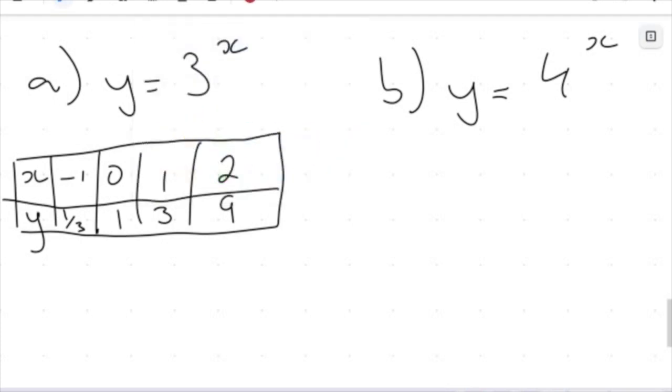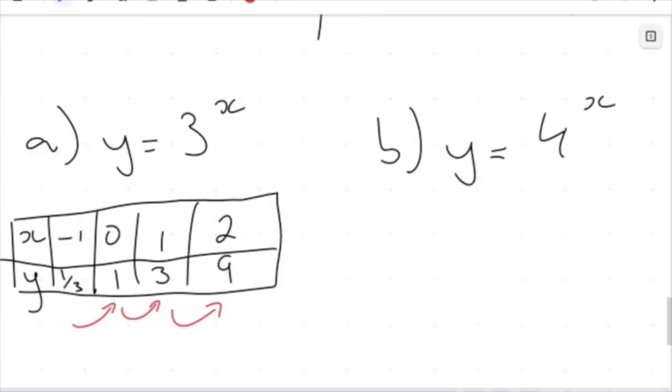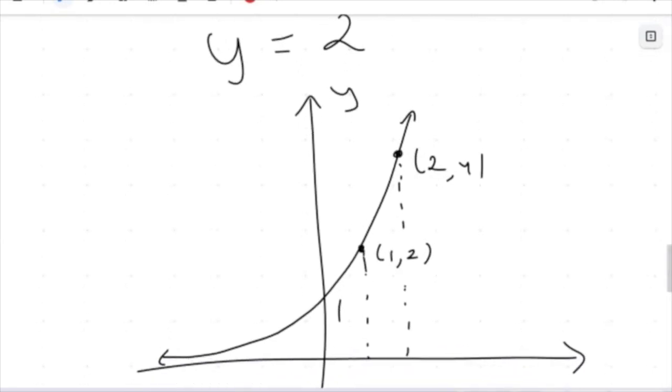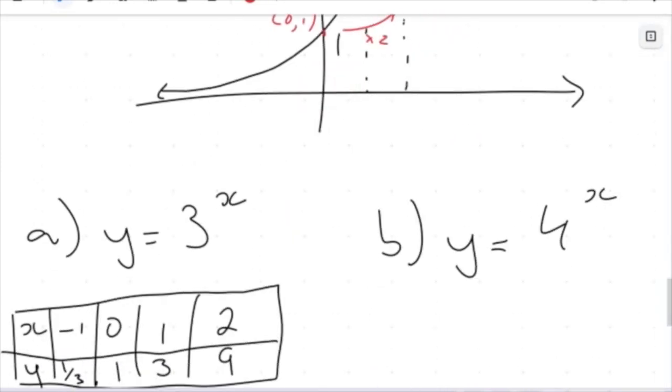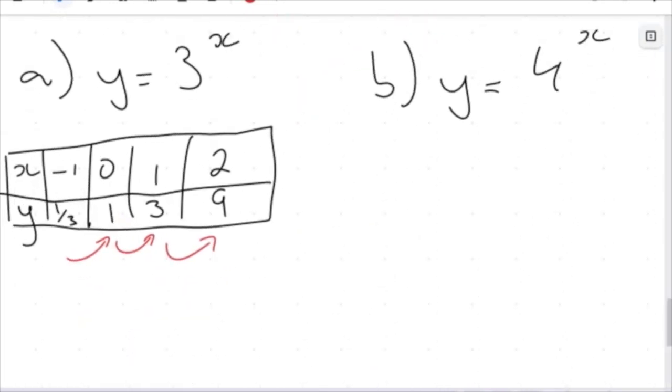Now, let's look at a pattern that we see going from these numbers, because remember, when we looked at y equals 2 to the power of x, we noticed this doubling relationship between the y values. So going from, for example, the point 0, 1 to 1, 2, the 1 gets doubled to bring us to 2. The 2 in the y gets doubled to 4. So we always had this doubling relationship happening. Now here, let's look.